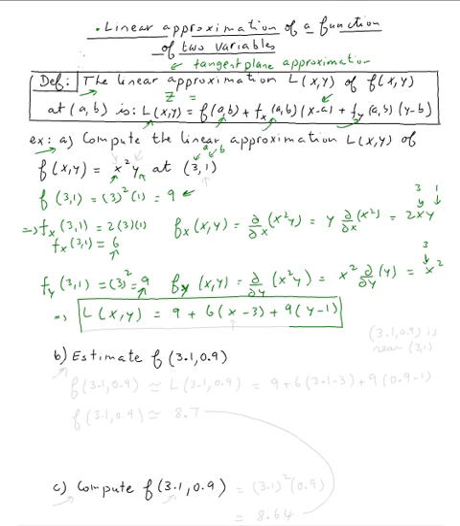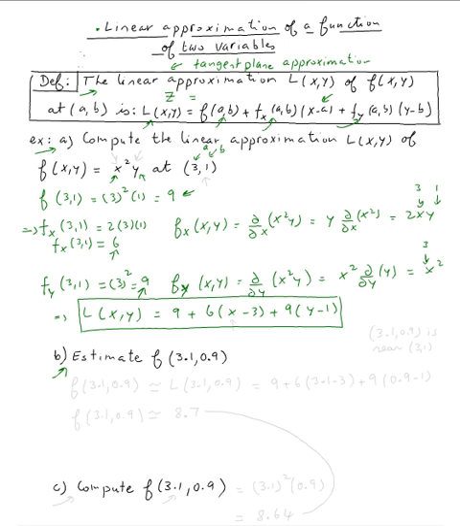Now what can we do with this function of two variables? We can do question B, for example. Estimate f of 3.1, 0.9. We can, and this is going to be a good approximation. Why?